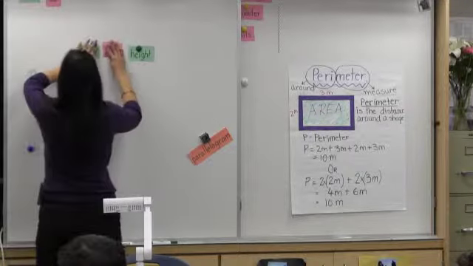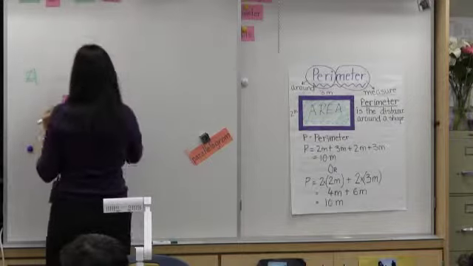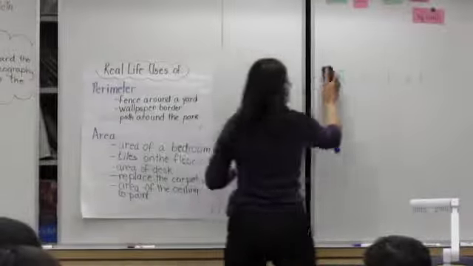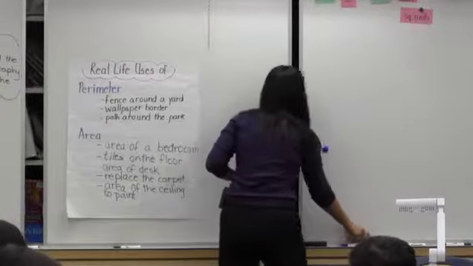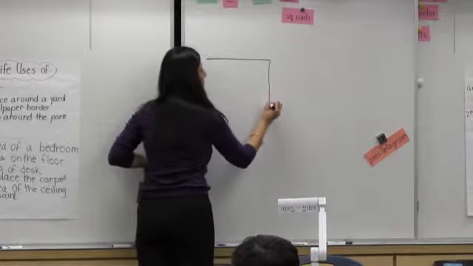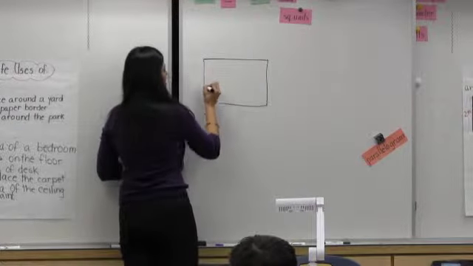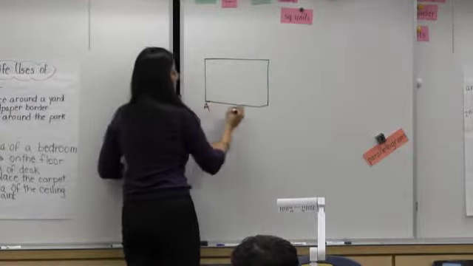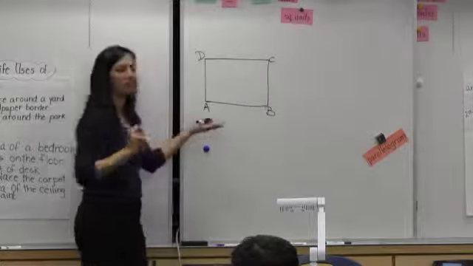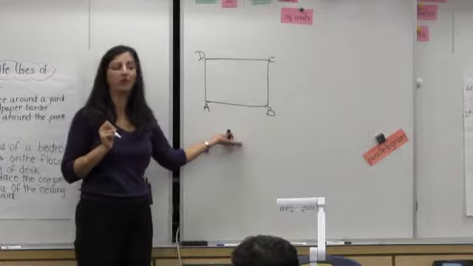Let me move this away. Okay, let's move it up here. So let me first draw a rectangle. Here's my rectangle A, B, C, D. Does everyone know that this is a rectangle? Yes? Okay.